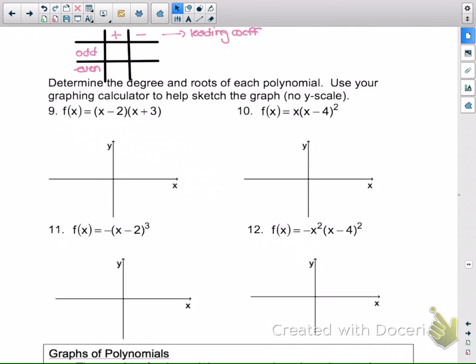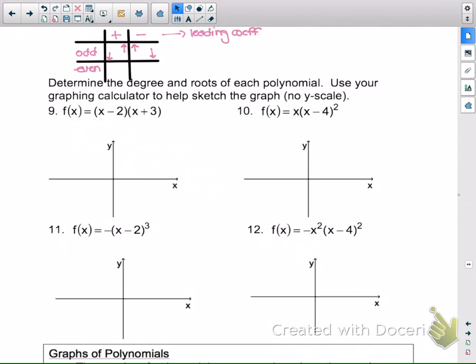So what we're going to do is just draw little sketches of your end behavior. So if it is odd and positive, so this first box, the left side will go down, the right side will go up. That's our end behavior for that. Odd, your ends always go opposite directions. So if you have an odd degree with a negative leading coefficient, the left side goes up, the right side goes down.